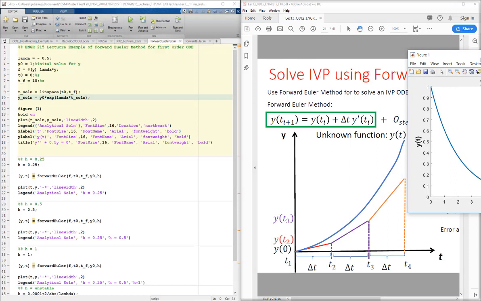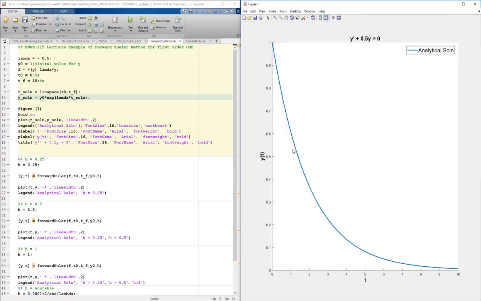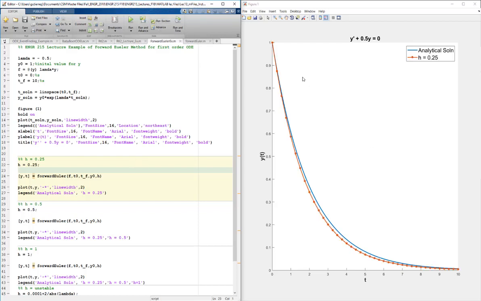What we see is the analytical solution for y of t, and it decays exponentially with respect to t as we expected. Now we can give ourselves a time step of 0.25 seconds and pass that to the Euler method function that we just developed, and see how this numerical method solves this differential equation. So let's run this section.